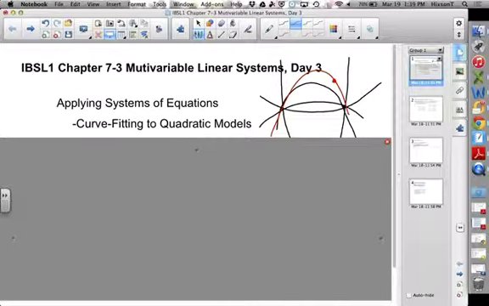And the reason that's helpful is because once you know the entire model, you can find other points.